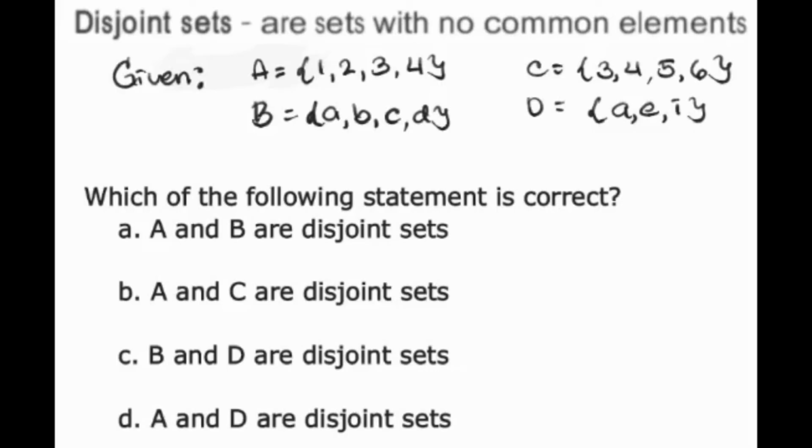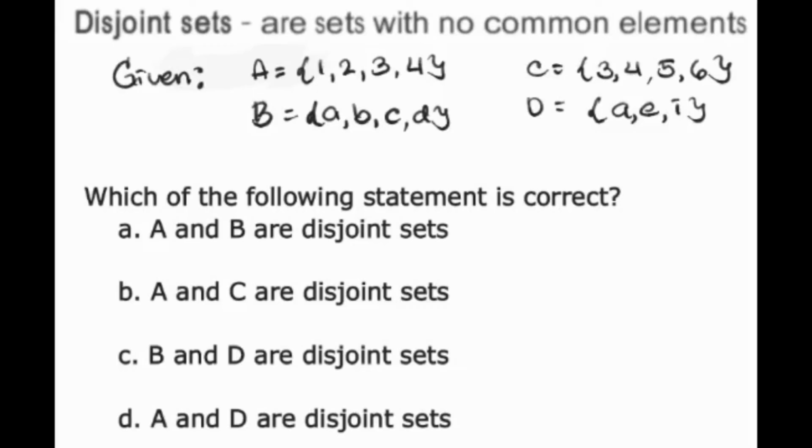Ang set B naman has elements of A, B, C, D. Ang set C has elements of 3, 4, 5, and 6. And yung set D natin, meron siyang elements na A, E, and I. Okay. So, sa given, sabi dito, which of the following statements is correct? Okay. So, identify natin kung sino ba sa kanila yung may correct statement.